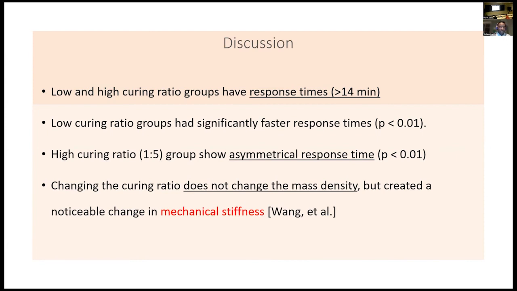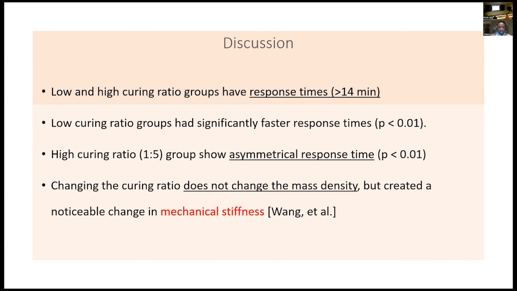Where's this asymmetry coming from? And is it an effect of the curing ratio or is it intrinsic to the sensor? So we want to do some fitting of the analytical solution to see if we can differentiate between the different rates, the diffusion rates and the kinetic rates, and see which one is contributing to that asymmetry.